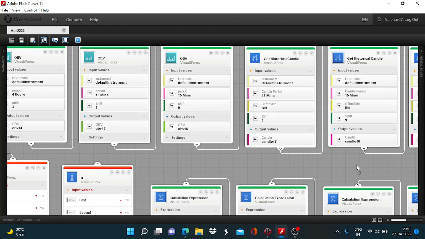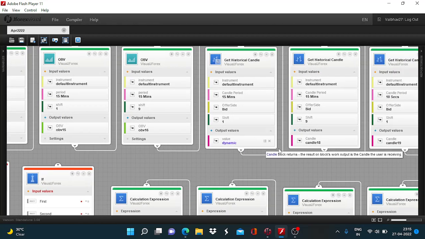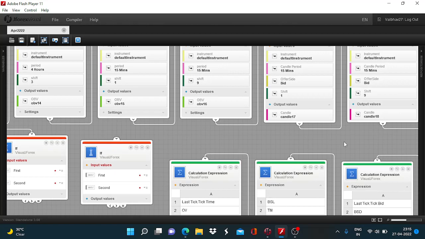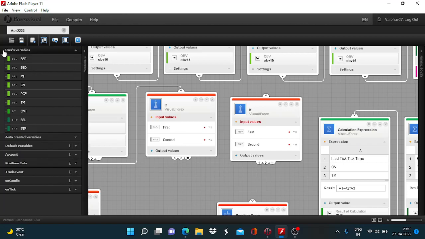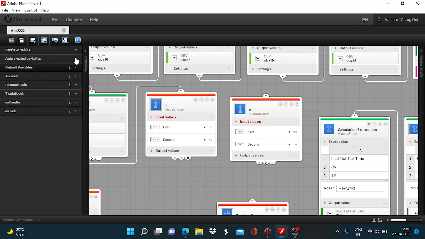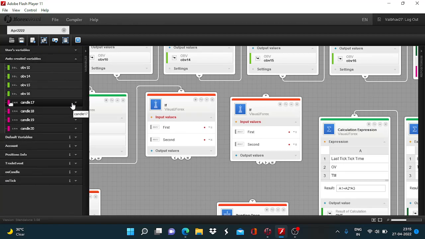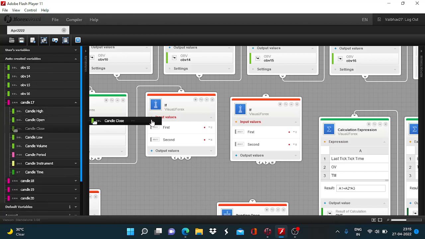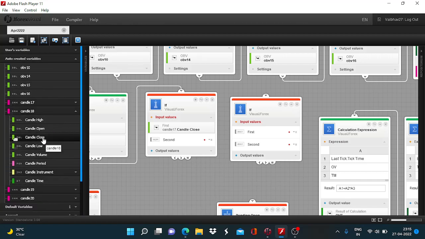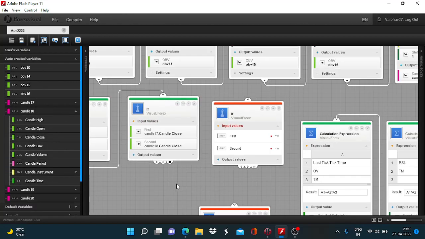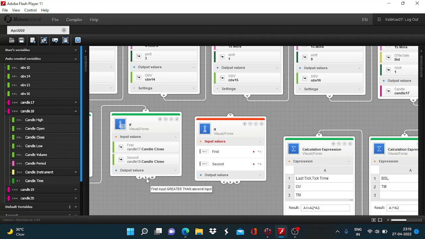Then we consider the price action data, where we need the candle 17 close to be higher compared to the closing value of the candle 18. So we compare candle 17 close and candle 18 close. For that, we need to look into auto-created variables. And here this should be first input greater than second input.